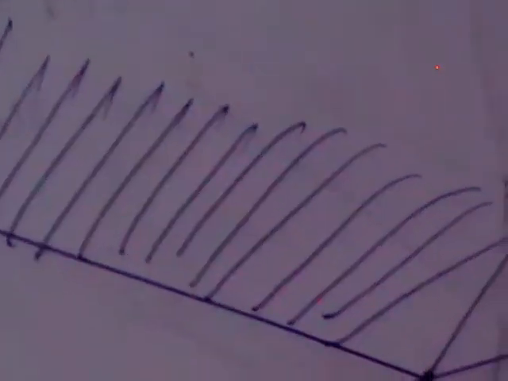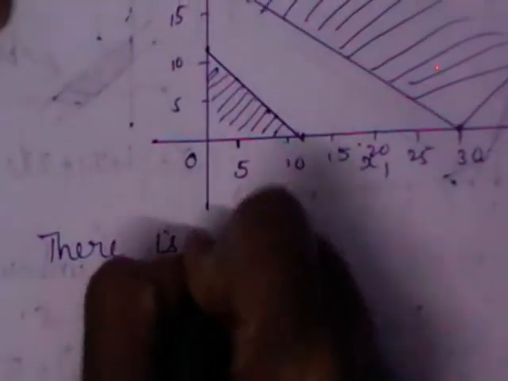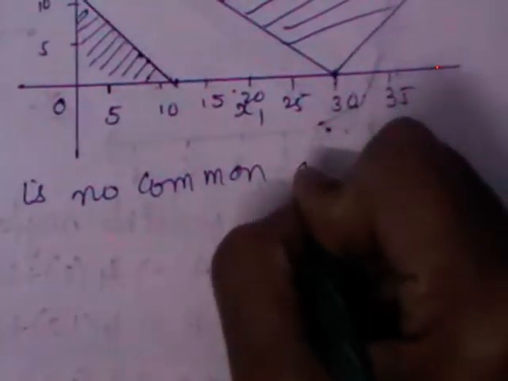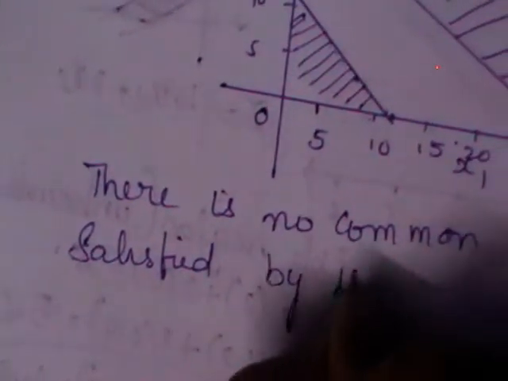So we observe that there is no common area which is satisfied by both the constraints.